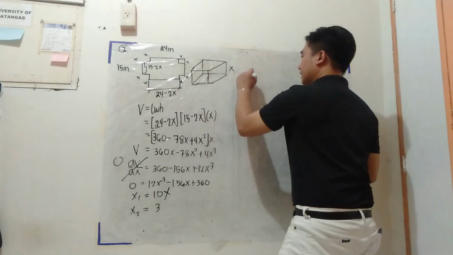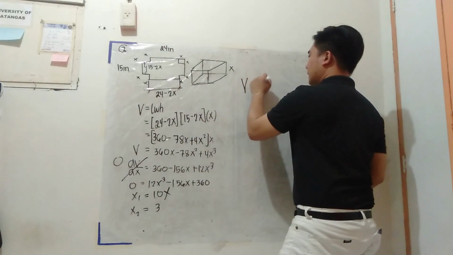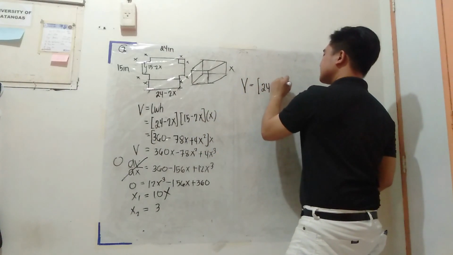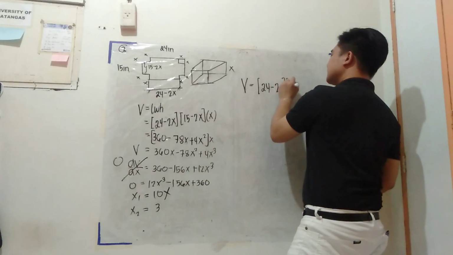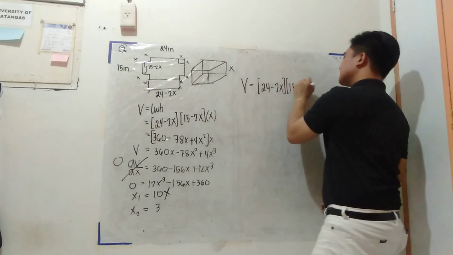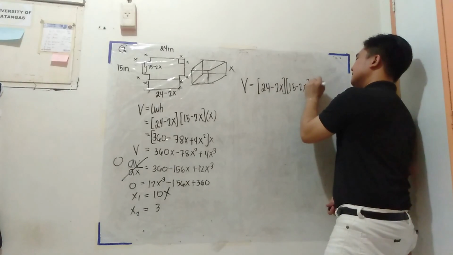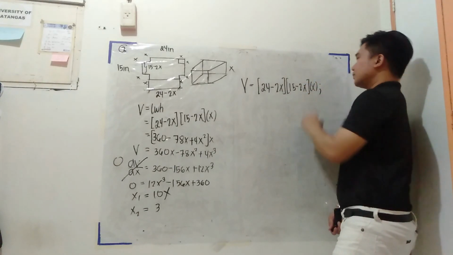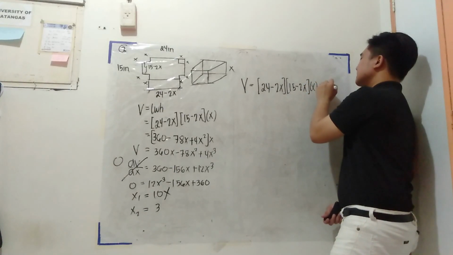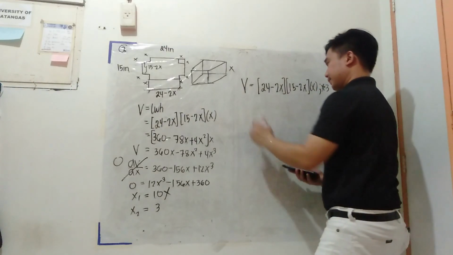So, let's get the volume. That is equal to (24 minus 2x) times (15 minus 2x) times x. And let us compute this when the value of x is equal to 3.